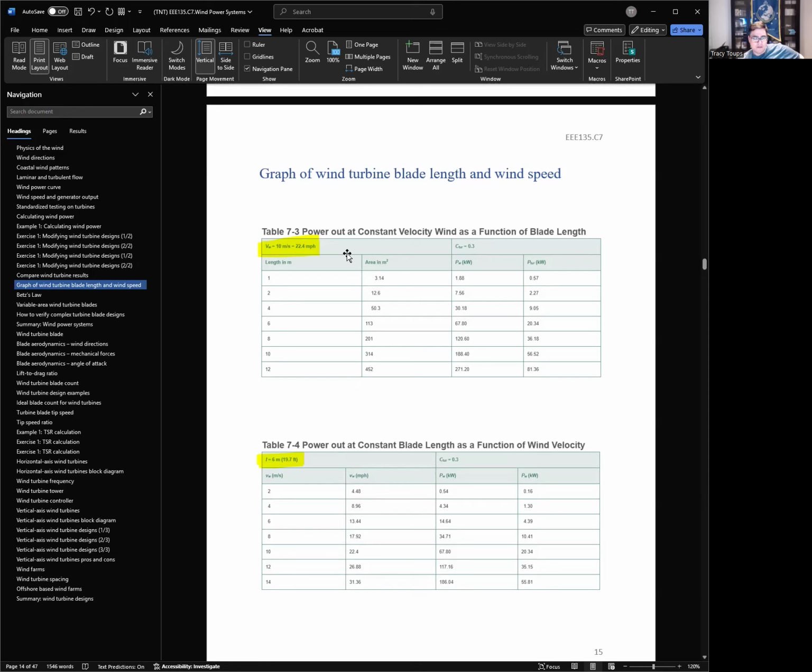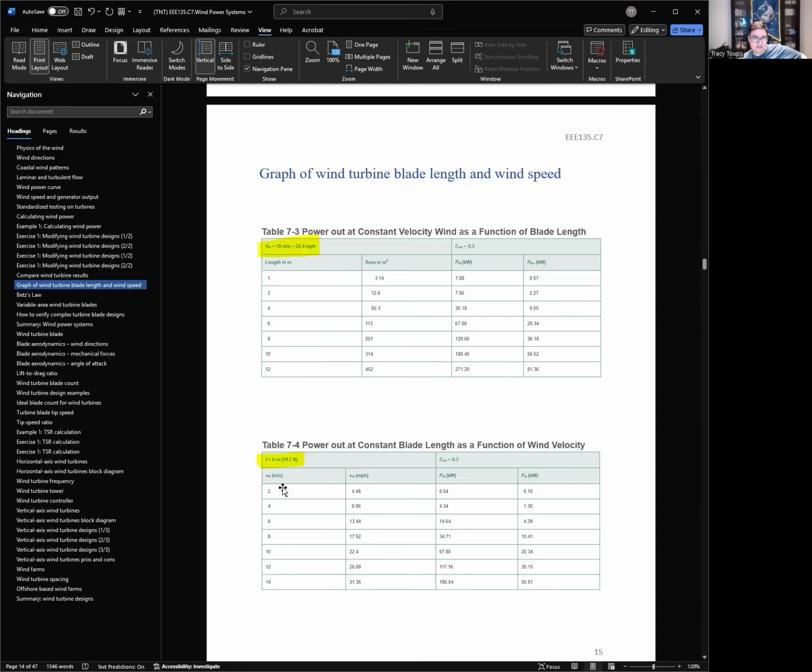Okay. So here are two tables that show the difference if we change your wind speed from, let's say, the ideal one in our wind turbine specs, which was 17 meters per second. Here they're showing what happens if it's locked at 10 meters per second, and then the length of the blade changes, so you can see it does increase, right?